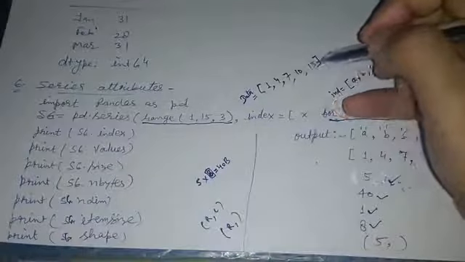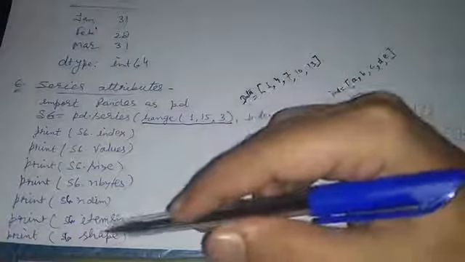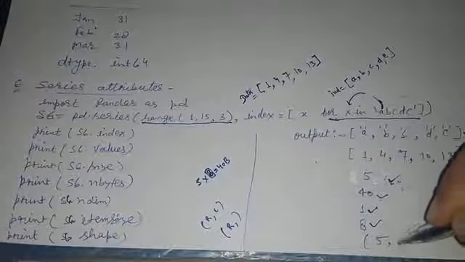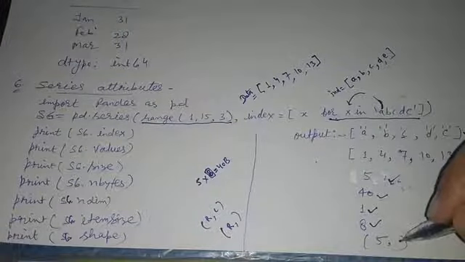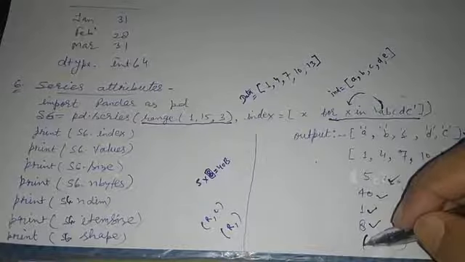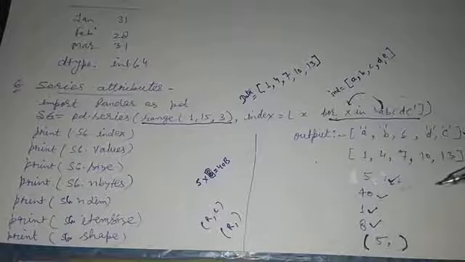So how many elements are there in the series? 1 2 3 4 5. So the answer of S6.shape is (5,), and the second dimension is left blank because it is a one-dimensional array and it is a tuple, so you have to enclose this in brackets.